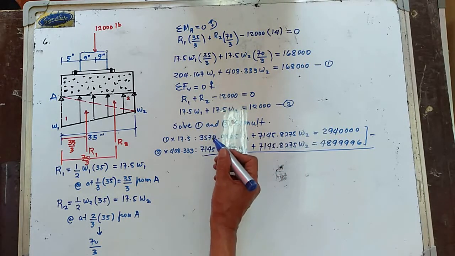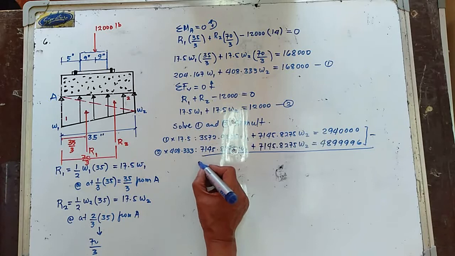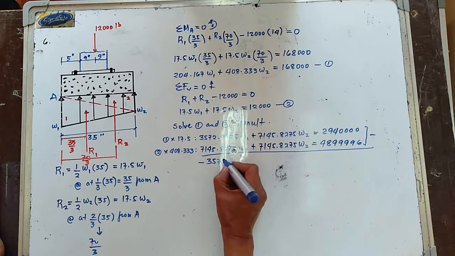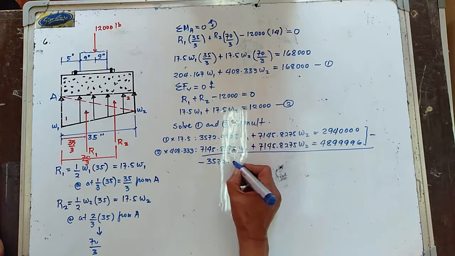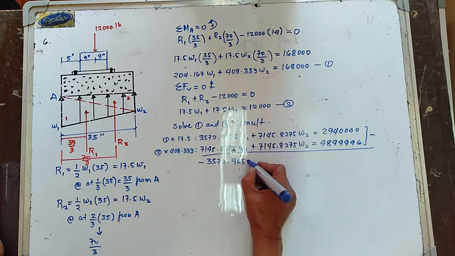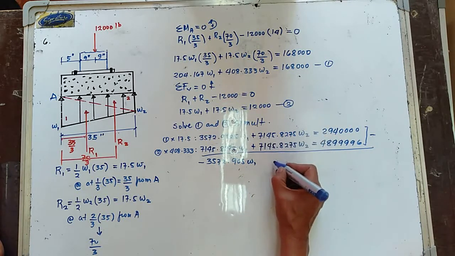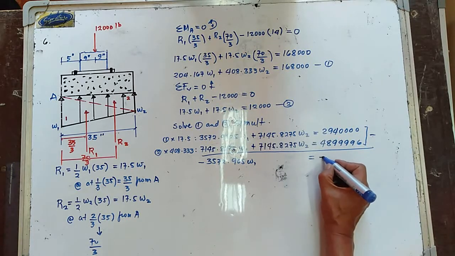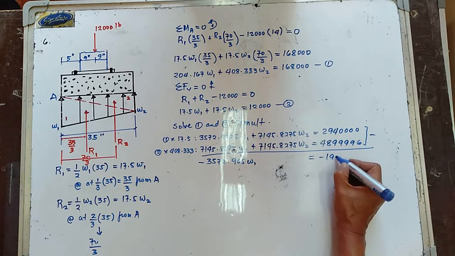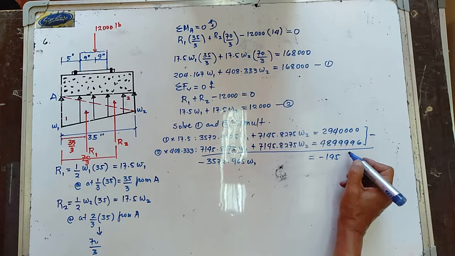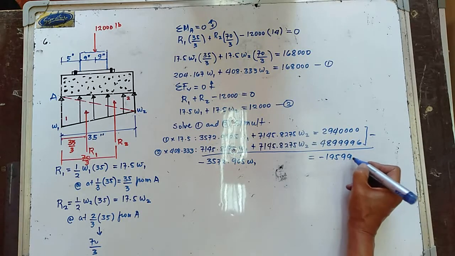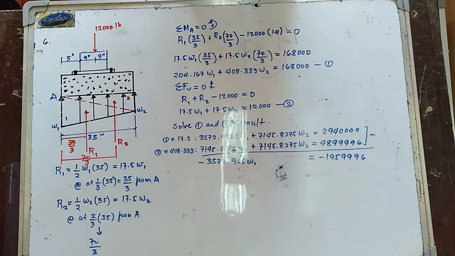So this is now equal to, so we have minus 3572.905 W1, equal to minus 195.9996.